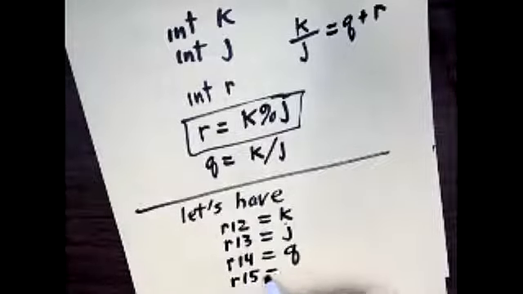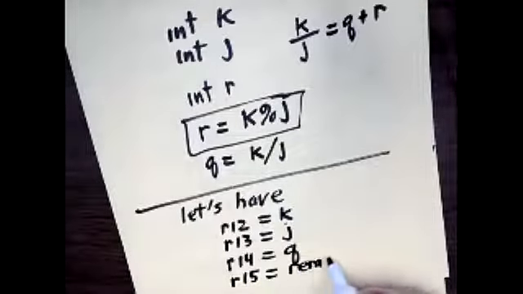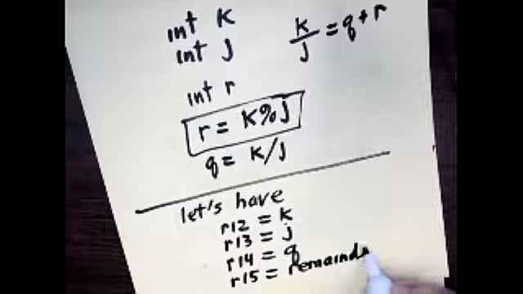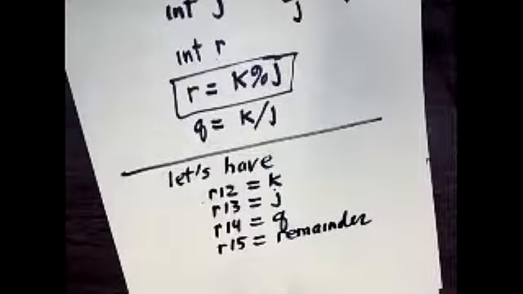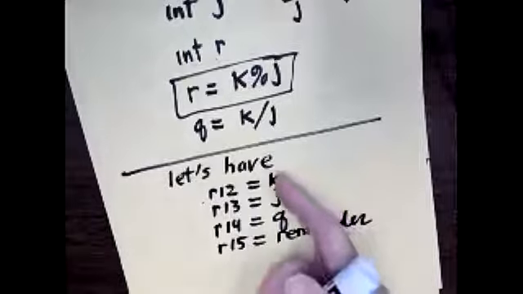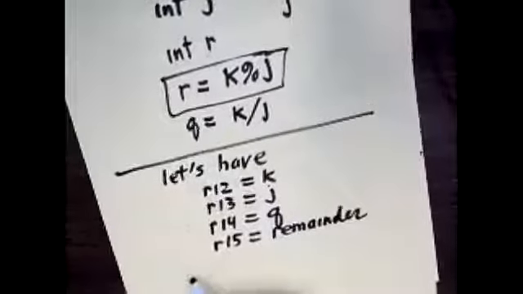R15 is saved for the remainder. How do I solve this? Here it is. You take the numerator, the R12. Here's the numerator, and you put it in RAX.